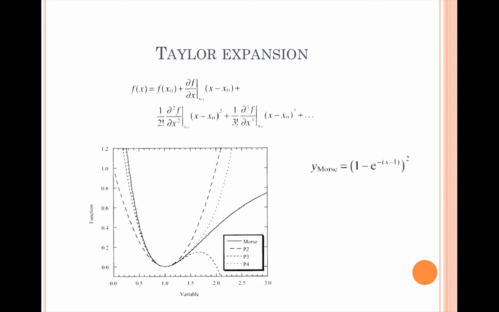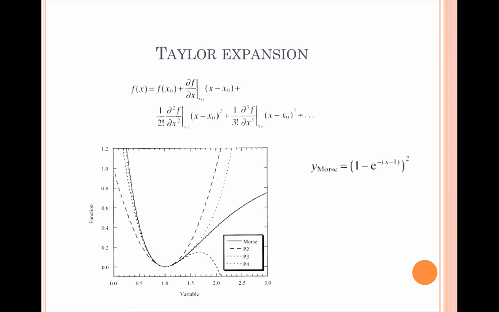Now the last concept that we will touch upon in this brush up is that of how we can represent a complicated function in terms of a set of simpler functions. One way of doing this is through the use of the Taylor expansion.